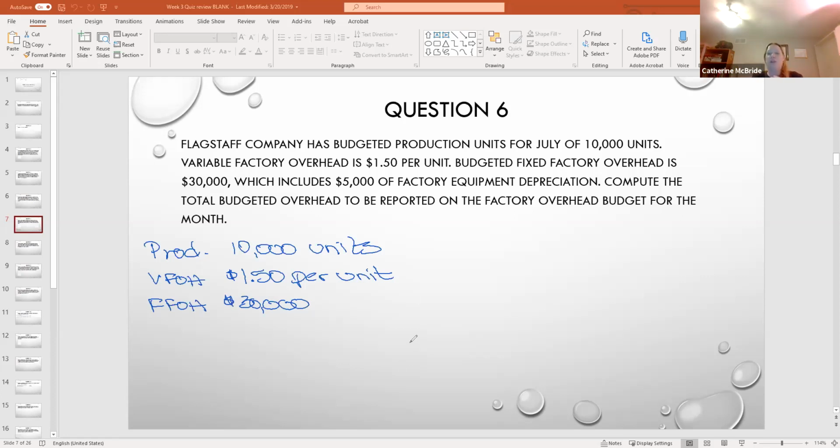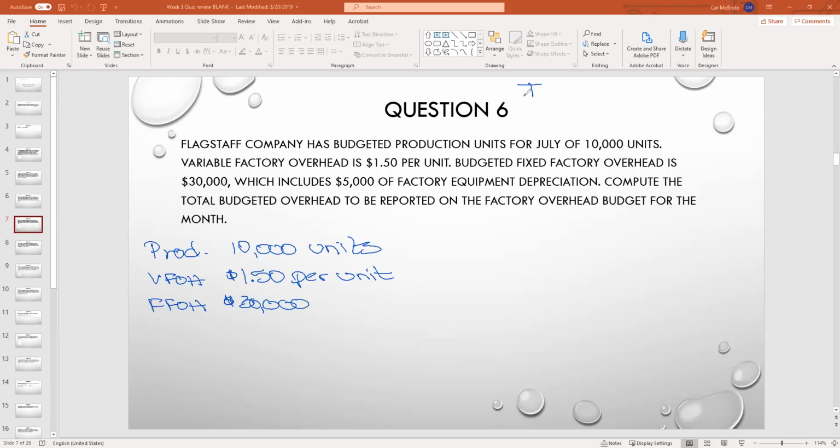So the first question is, is equipment depreciation an overhead cost? Is depreciation on the office equipment an overhead cost? No, not office, it's the factory equipment. I meant factory. Yes.